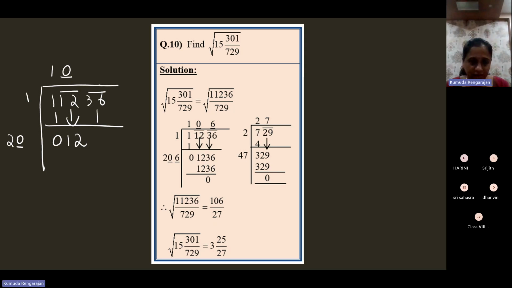Instead, bring the next pair down and continue the same step. Place a digit here, the same digit here. 206 into 6 is 1236 and the remainder is 0.